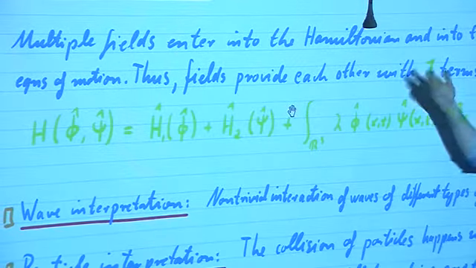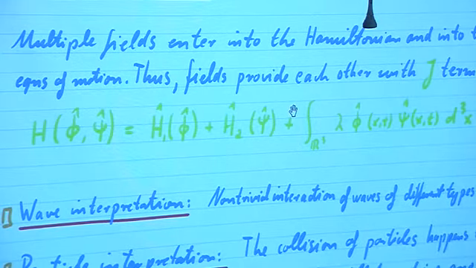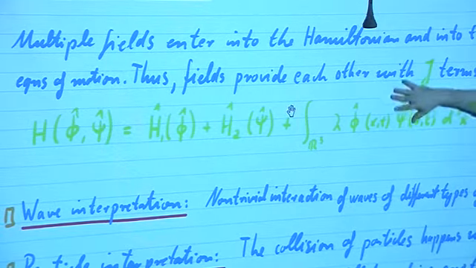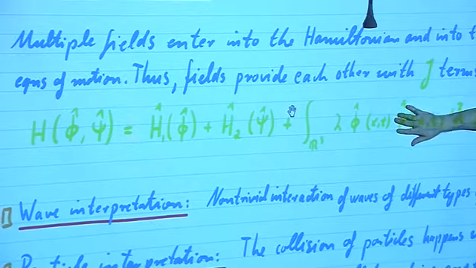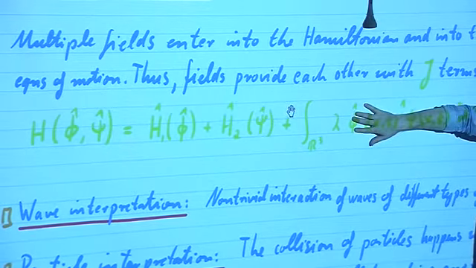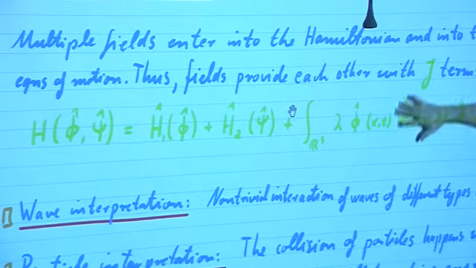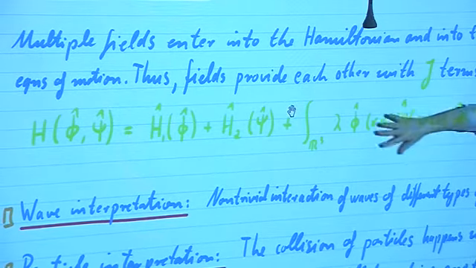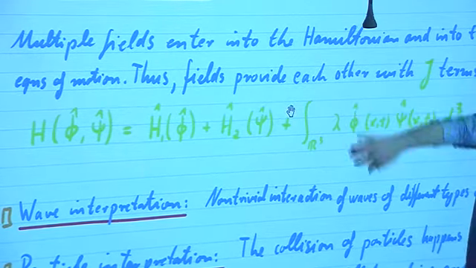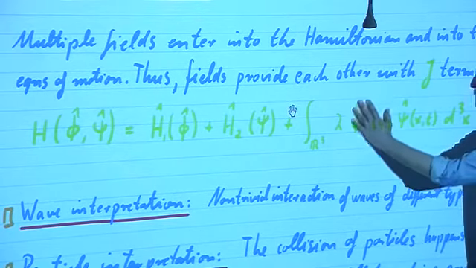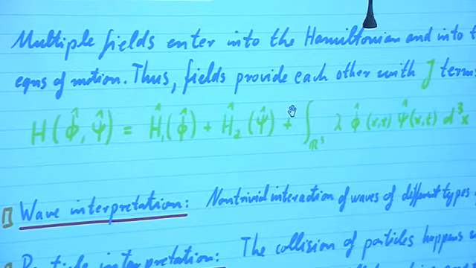If you calculate the equations of motion, then you will find that this will be a coefficient function for a driving force with the phi, and vice versa. That will be a coefficient function for a driving force with psi.